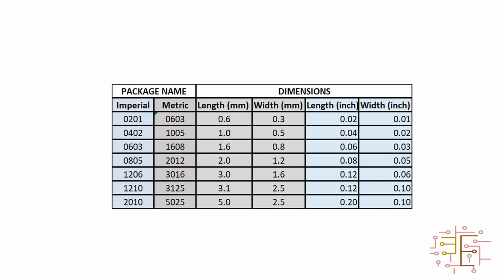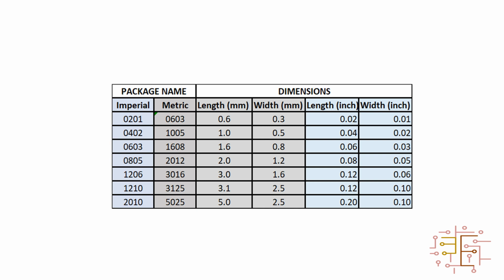For example, 0201 imperial package name refers to a component of dimension length 0.02 inch and width 0.01 inch. When you look at the next row, you can see a package with the package name 0402, that is 0402 in imperial system, has a dimension of 0.04 inch length and 0.02 inch width.